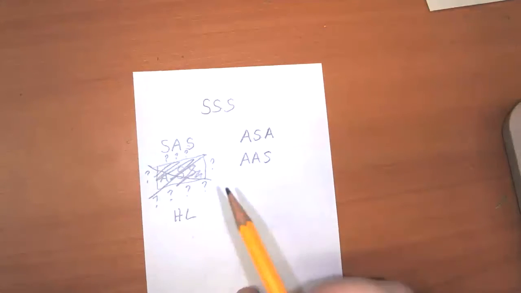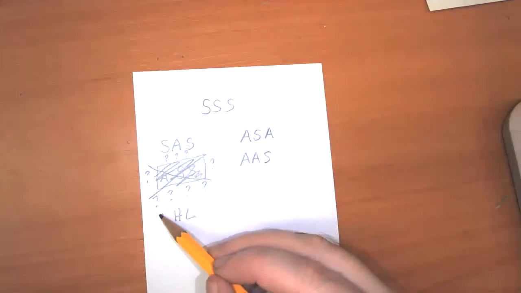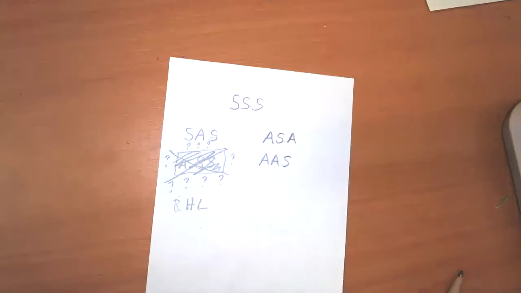And the only reason I like calling this RHL, and I'm pretty alone in this, is that you notice that all 5 of those systems all have you needing to prove 3 pieces of information. In SSS, you need to prove 3 pairs of sides are congruent. ASA and AAS, you need to prove 2 pairs of angles and 1 pair of sides.